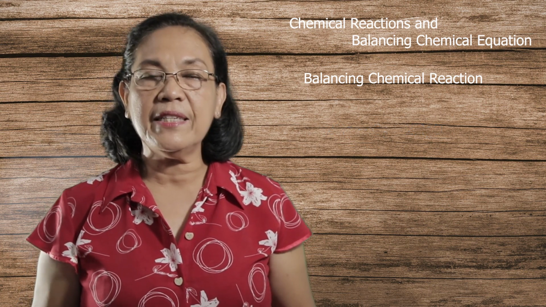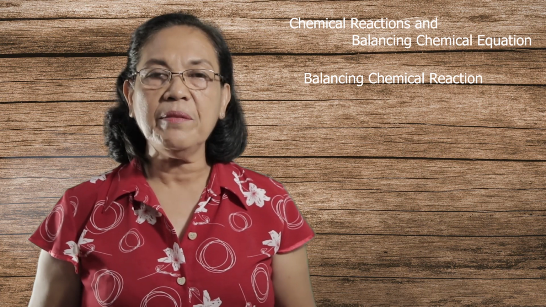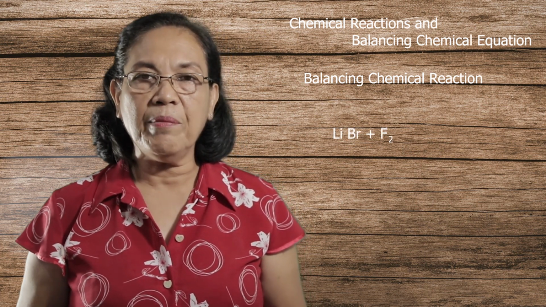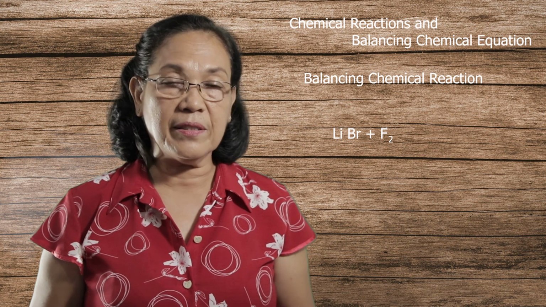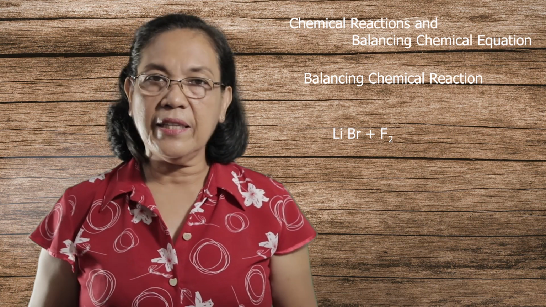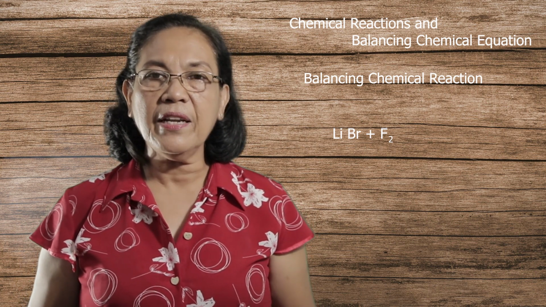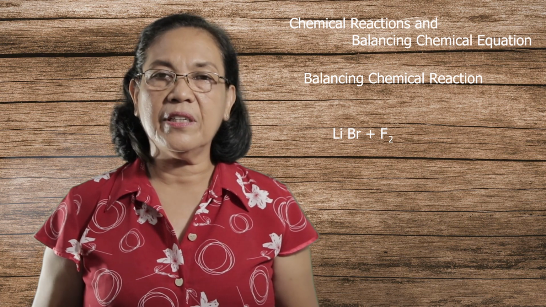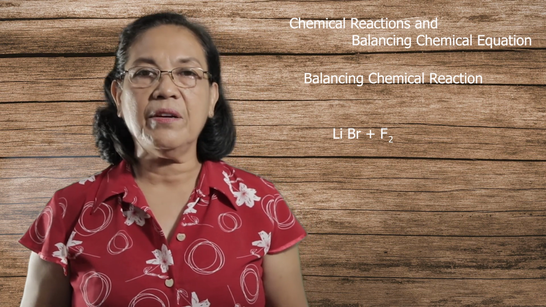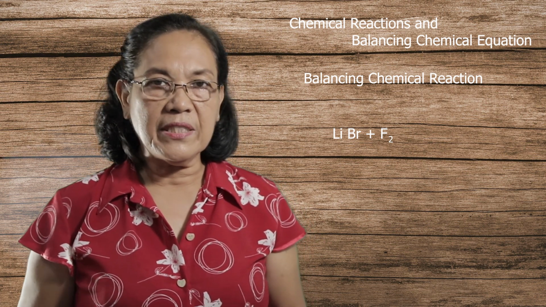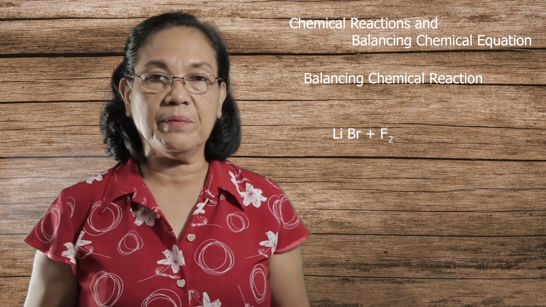Another example is the reaction between lithium bromide plus fluorine. Take note that fluorine is a halogen, and when a halogen reacts, it will take the diatomic form.